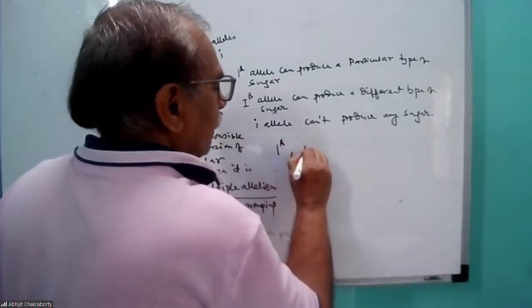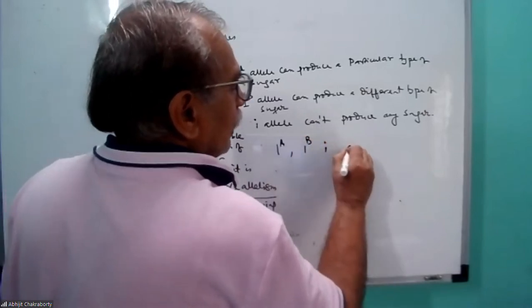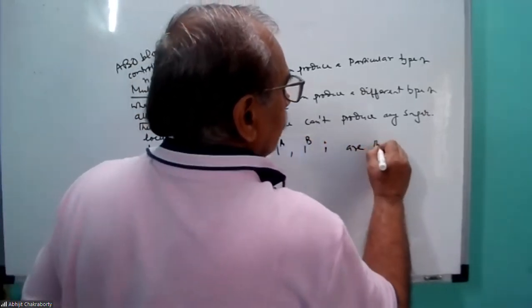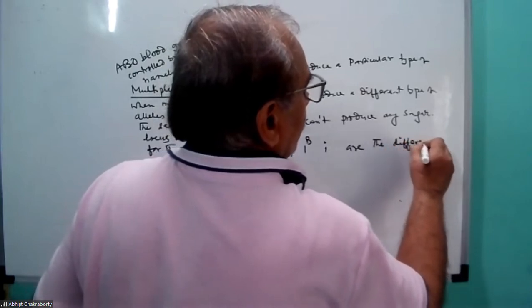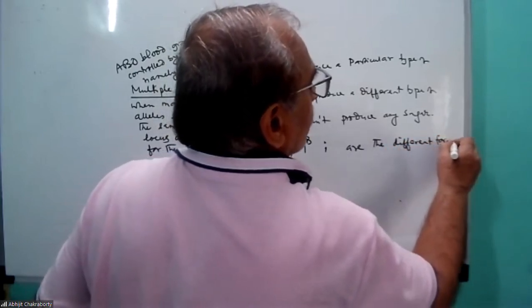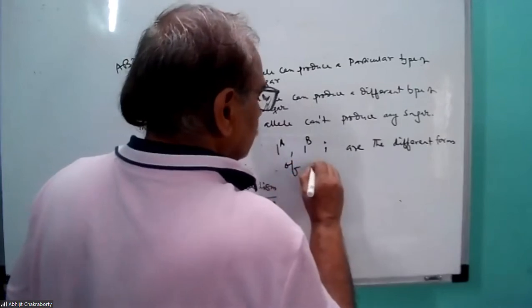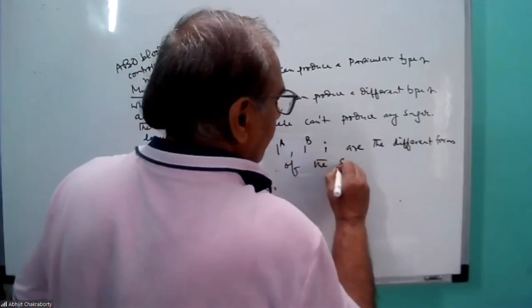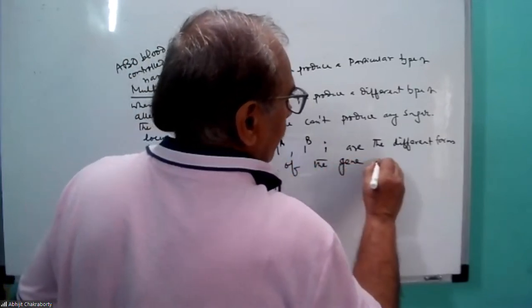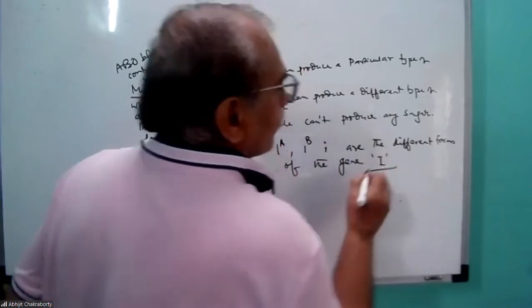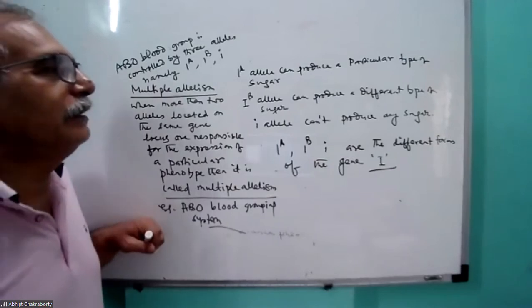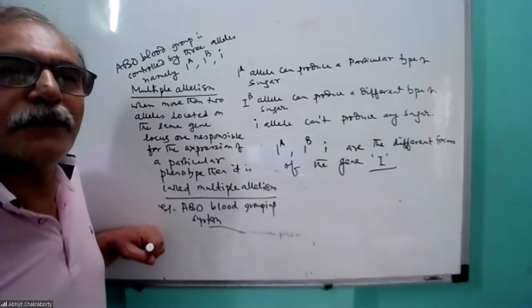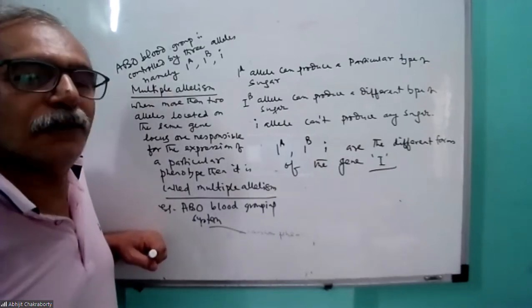IA, IB, and i are the different forms of one gene, I. So the gene is found in the IA form, IB form, or i form.